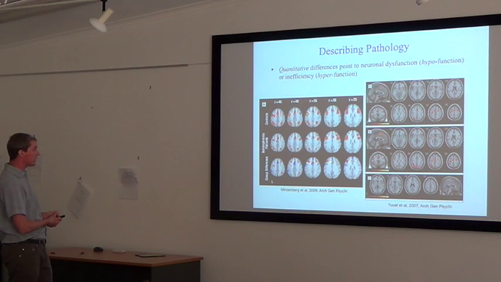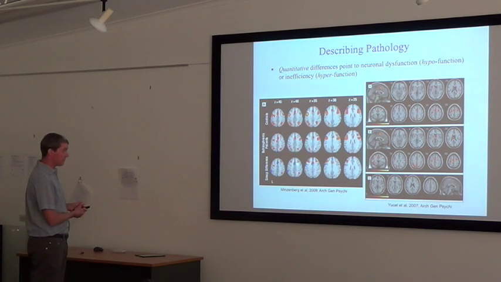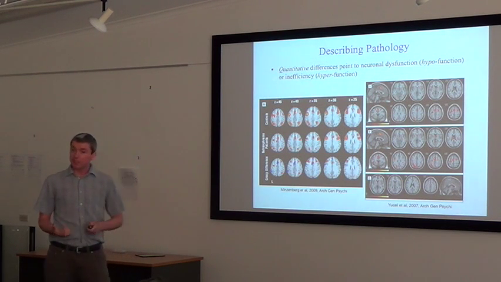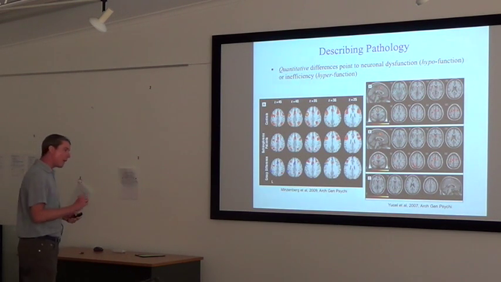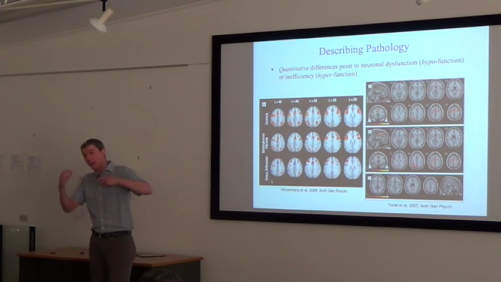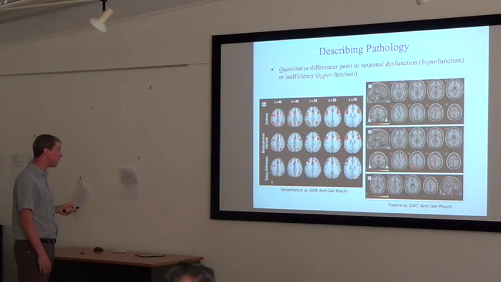We also see reductions in medial structures, but we also see increases in activity, represented here in blue, that suggests that there might be either a compensatory mechanism going on in these regions, or that these regions are functioning, they're doing what they need to be doing, but they need to be activated more in order to actually get there.